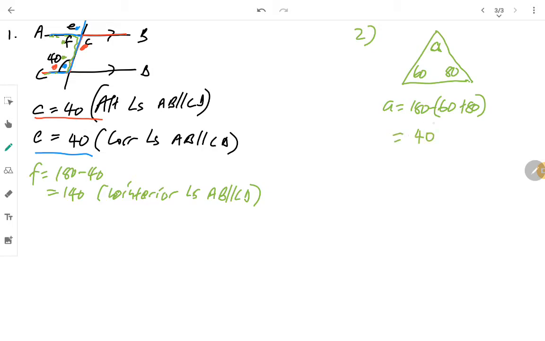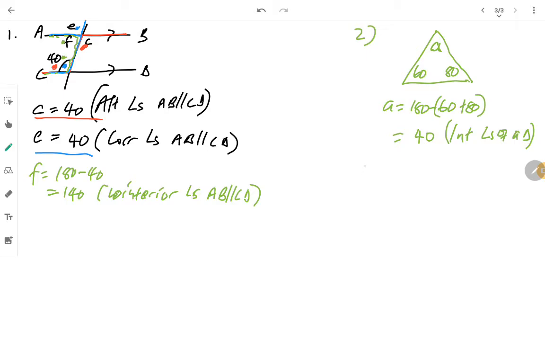And the reason is that interior angles of a triangle add up to 180 degrees. And as a result, that's why I subtract from 180.